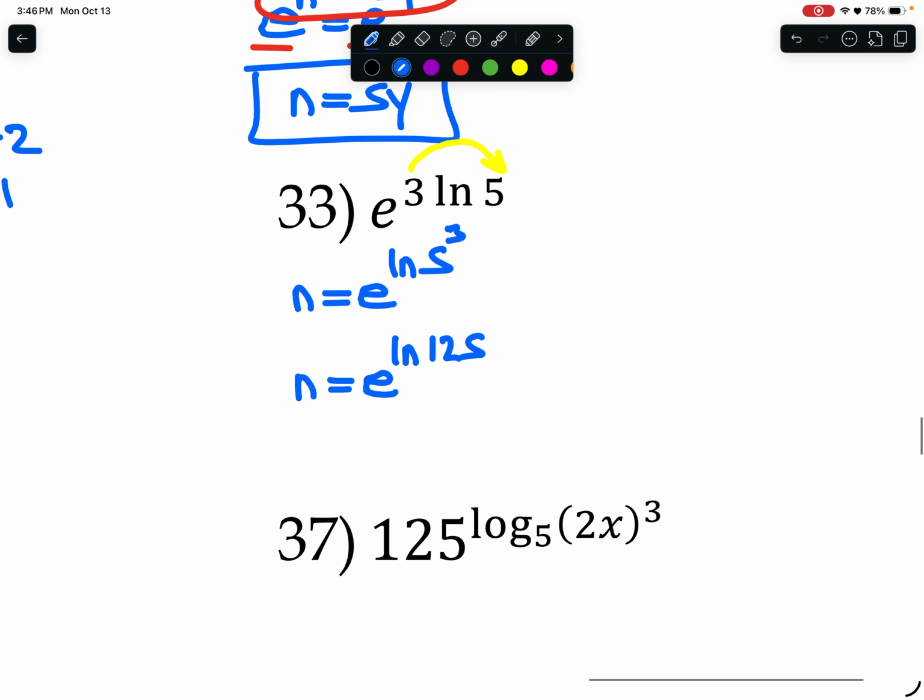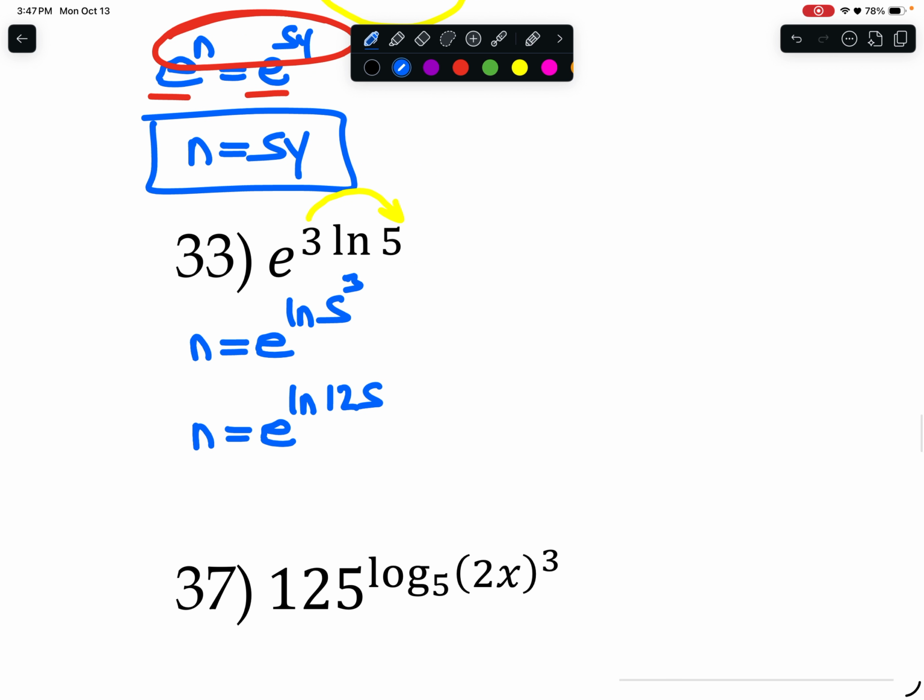So now that I have that logarithm simplified, I want to rewrite by doing circle of life. I'm in exponential form, so I want to go to logarithmic form. So log base e of n goes to natural log of 125. So this would be log base e of n equals natural log of 125.